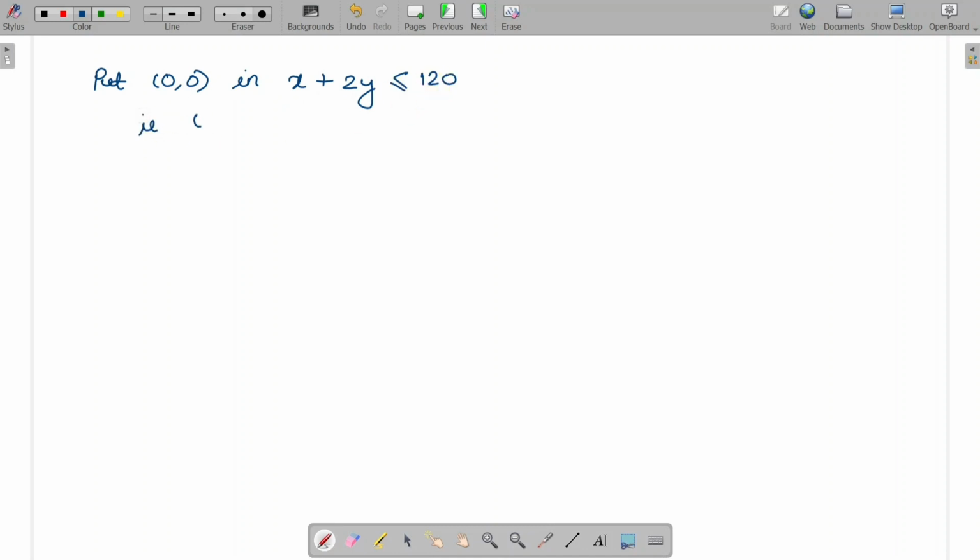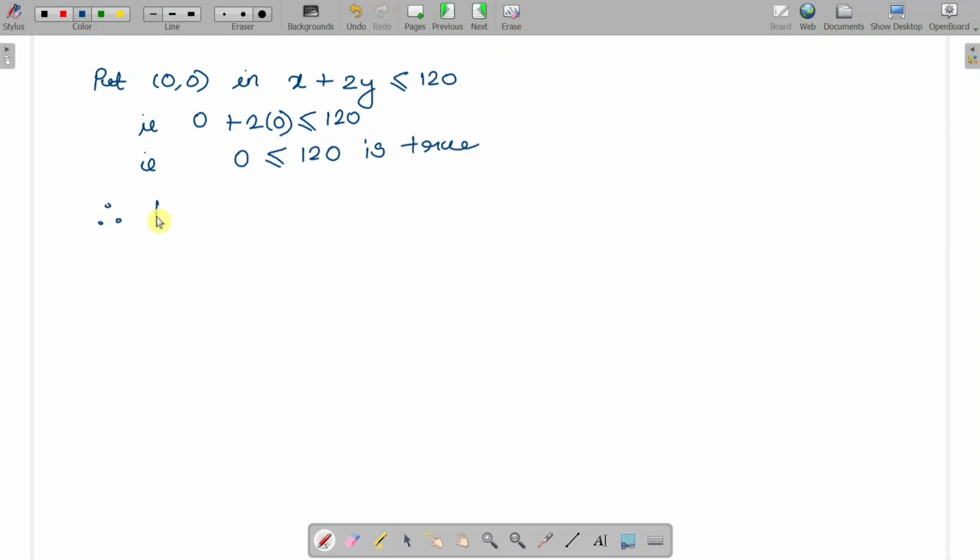So that is 0 plus 2 times 0 less than or equal to 120. So that is nothing but 0 is less than or equal to 120, which is true, right?